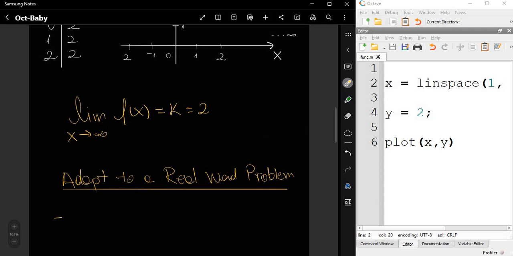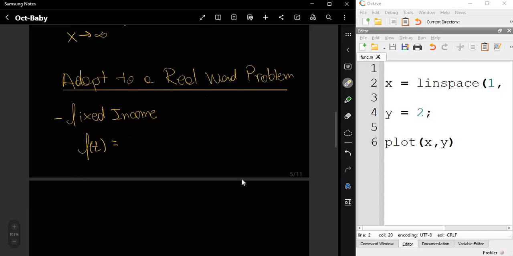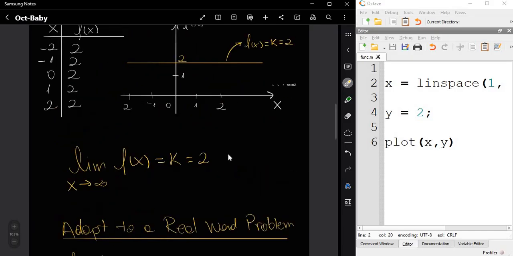So let's say we got a fixed income, sorry, it's fixed income, and at some point this fixed income is discontinued at any point right here.